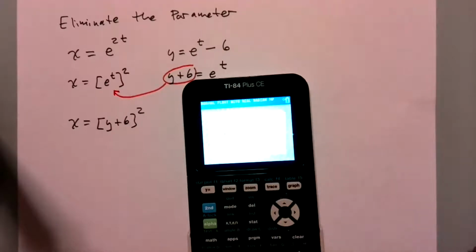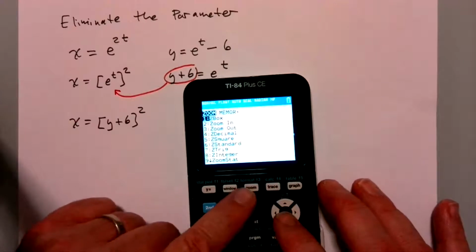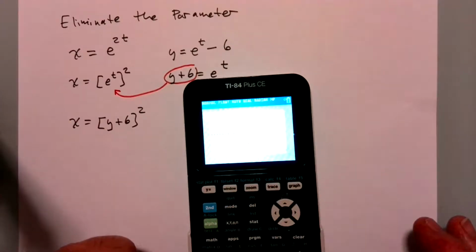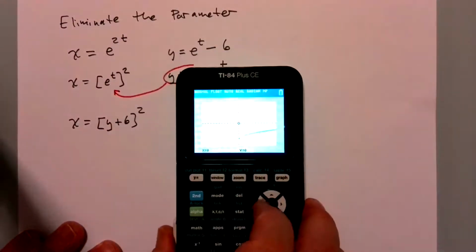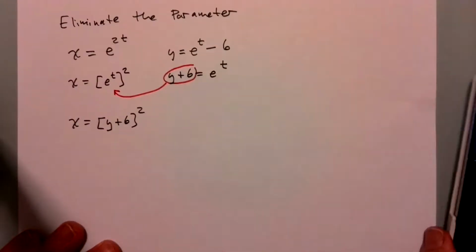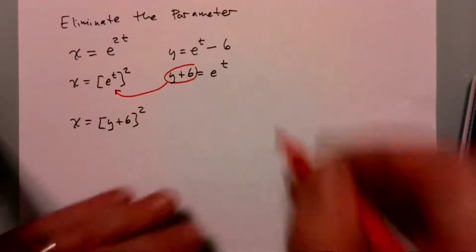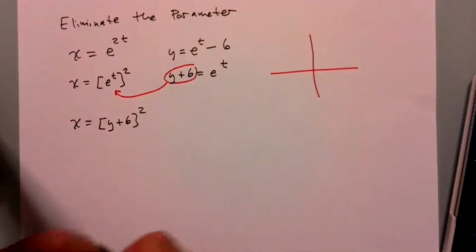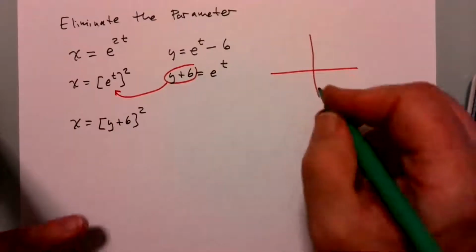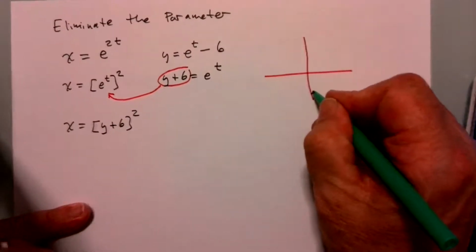What does our graph look like? Can we see anything? Not really. Let's zoom it out once. It'll give us a better idea. Interesting. I hadn't thought about that. I'm not sure you can see this. Nah, not really. But what I'm getting is I'm only getting half of the parabola. So the shape of this, that's my xy axis, the shape looks something like this.